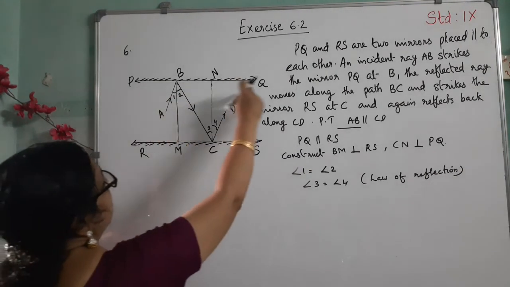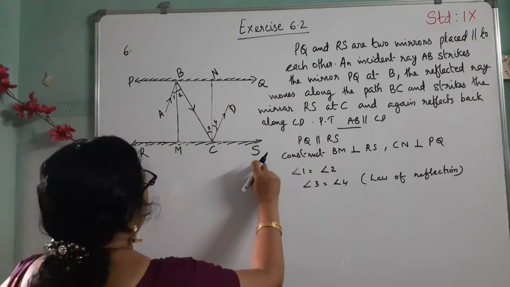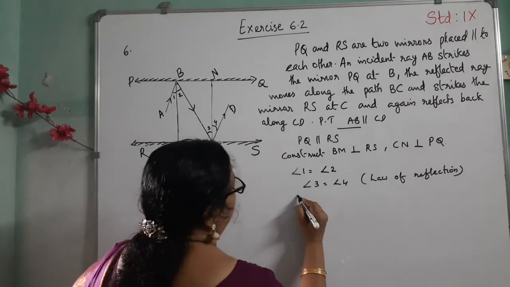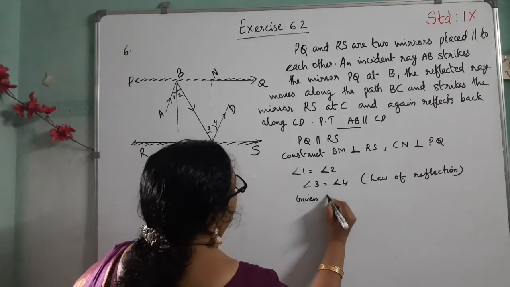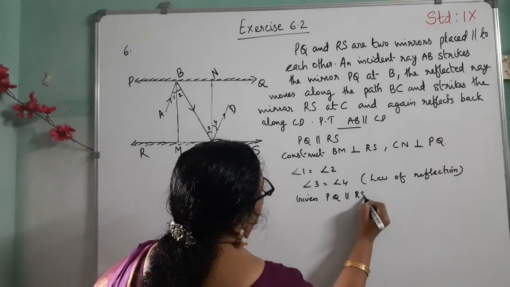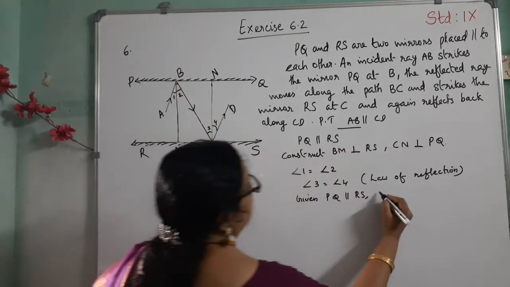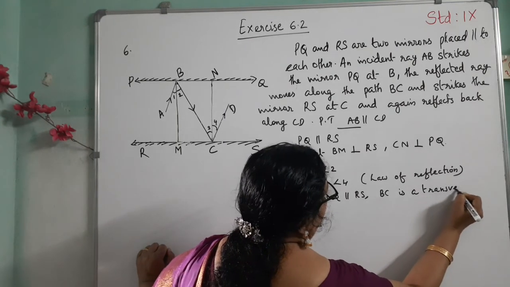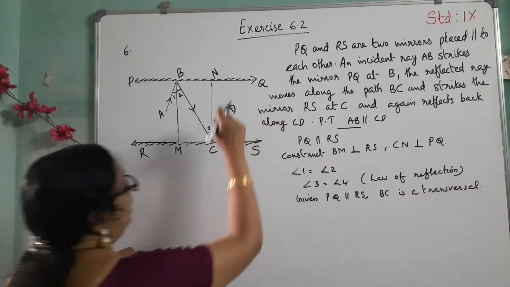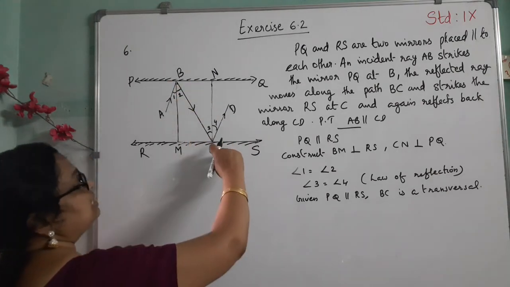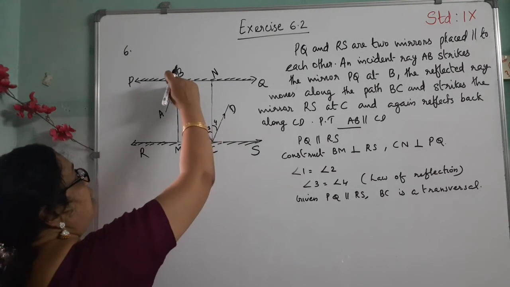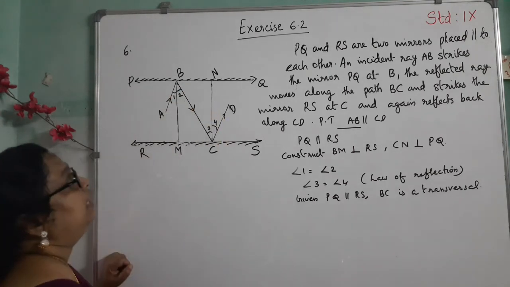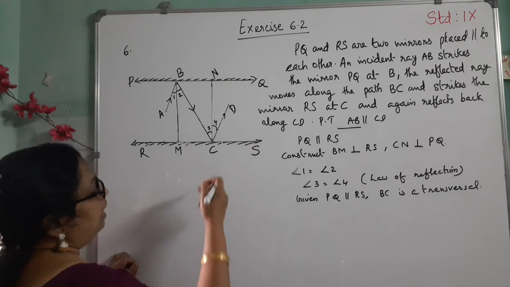Then given that PQ is parallel to RS and BC is a transversal. Then angle 2 and angle 3 are alternate interior angles.